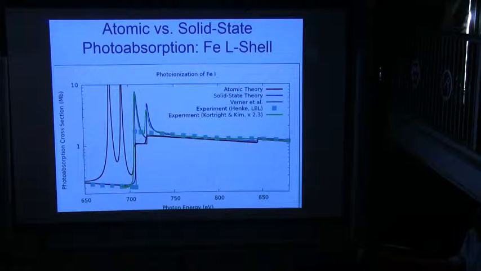There's an entire Rydberg series that's barely visible on this large energy scale, and then the 2P 1/2 and 3/2 thresholds, and that is what an atomic prediction would give. The iron experiments show qualitatively different features. Notice these are Lorentzian in atomic, not Lorentzian anymore.